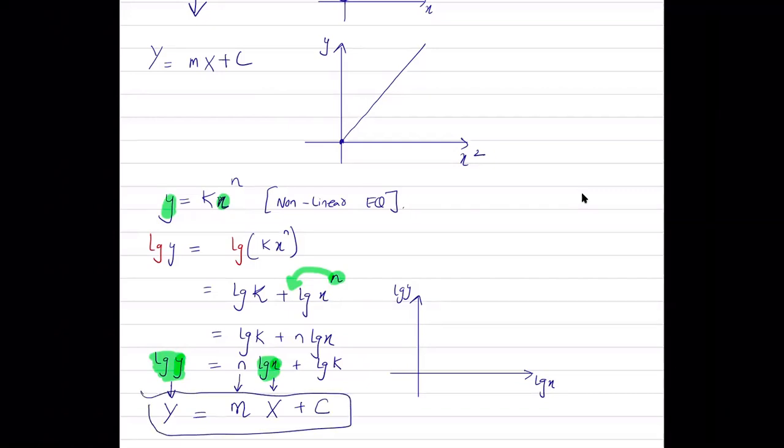So that is how I will linearize my non-linear equation. If lgy versus lgx were plotted, I would be getting a straight line, and the y-intercept is going to be lgk, and the gradient will come out to be equal to the value of n.